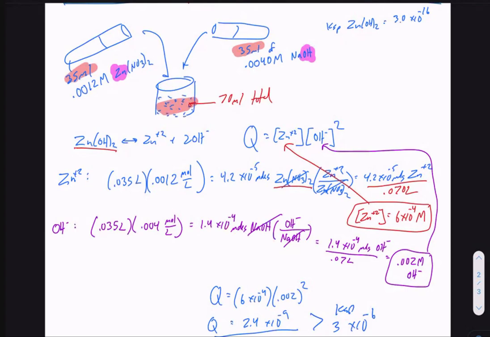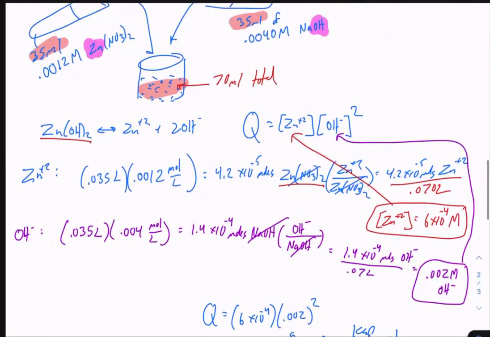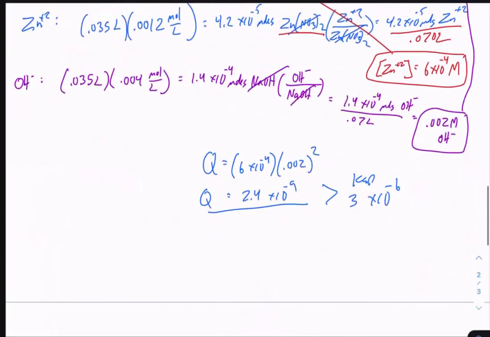All right. Your turn. Let's give you a different compound this time. The KSP for calcium chromate is 4.5 times 10 to the negative 9th.